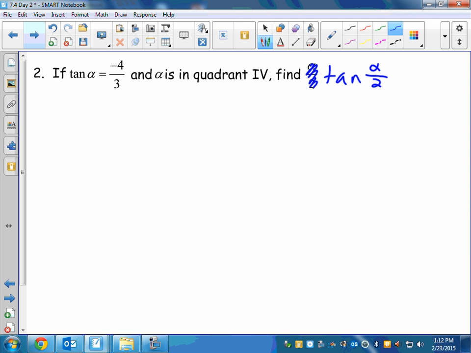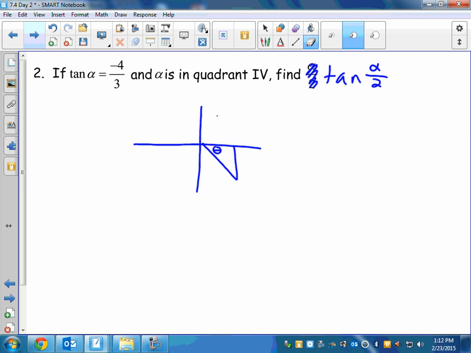So again, this kind of puts you back at drawing the triangle more than using your unit circle. They tell us we're in quadrant 4. So again, you can draw a lovely picture here. If I called that, oh, I guess I should call that alpha. Tangent is opposite over adjacent.